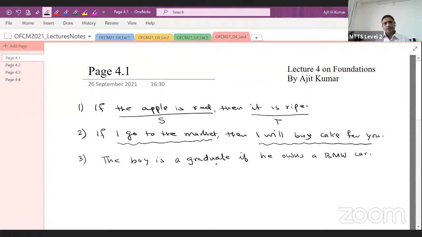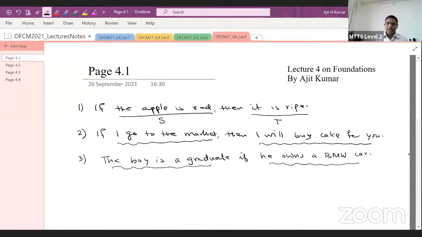The boy is a graduate when he owns a car. So you can also write this statement as: if the boy owns a BMW car, then he is a graduate. So this statement is very similar to the previous one. Again, we have two statements: the boy owns a BMW car and the boy is a graduate.